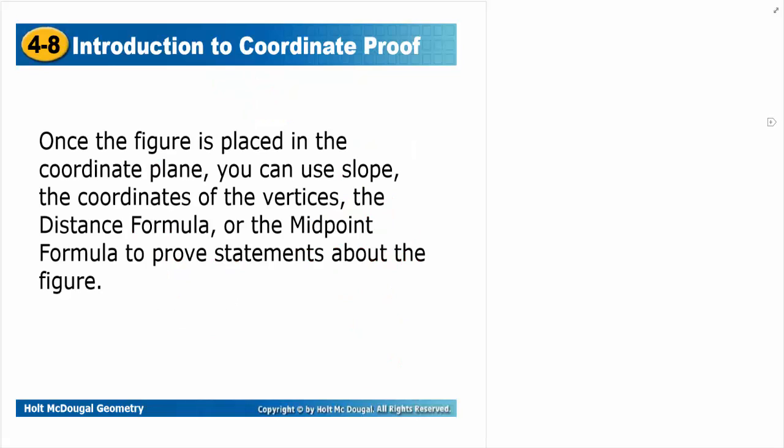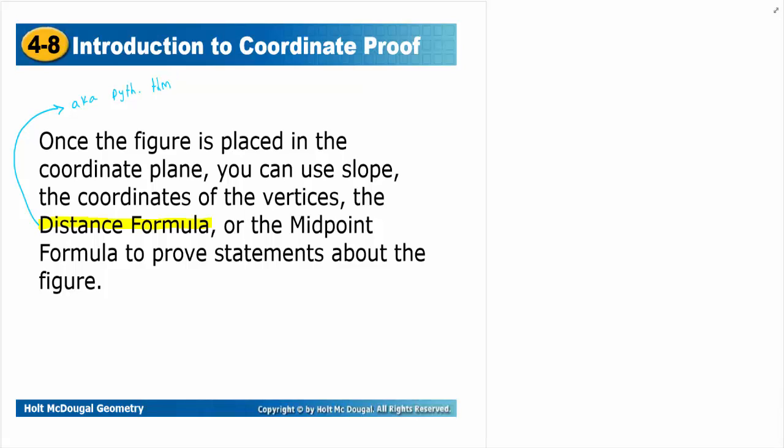So once we have that figure, that's all the first example was, how to place it. You can use slope. You can use the coordinates of the vertices. There are some big ones here: the distance formula, aka Pythagorean theorem, or the midpoint formula.